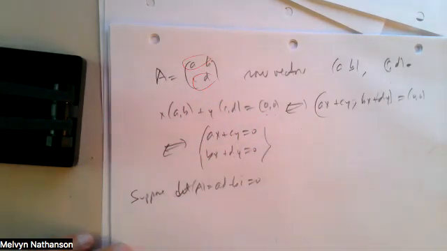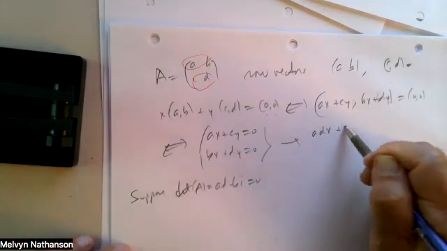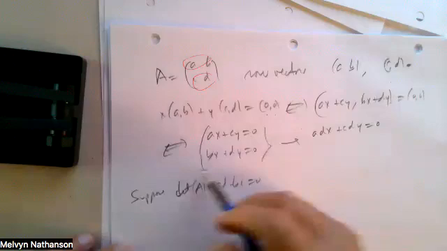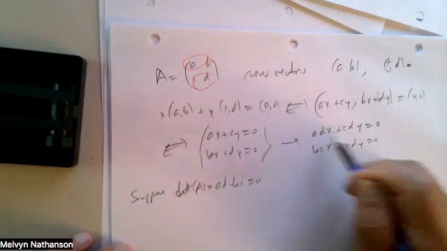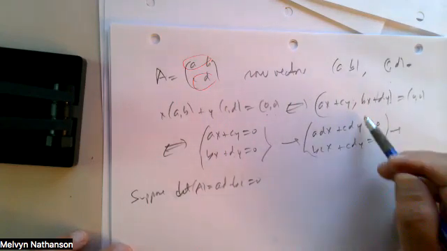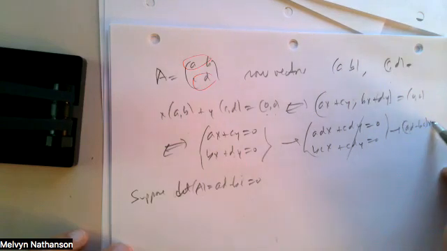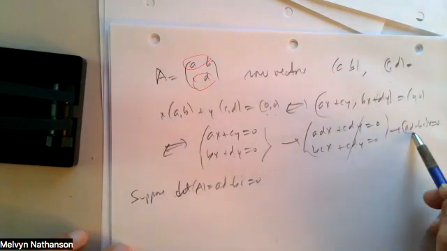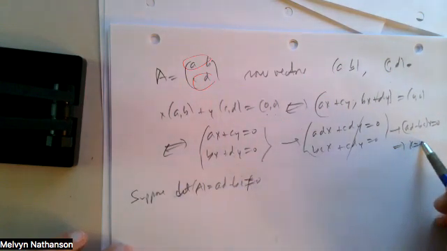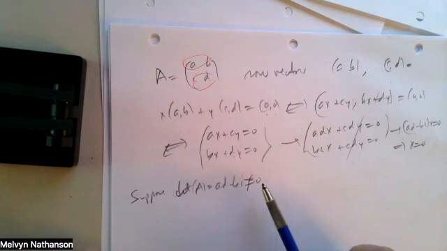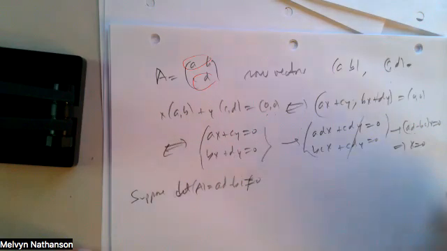So let's say we multiply the first equation by D, and we multiply the second equation by C, and we subtract, these cancel, we get AD minus BC times X equals 0, and AD minus BC is not 0, so X equals 0, and if X is 0, then Y is 0.